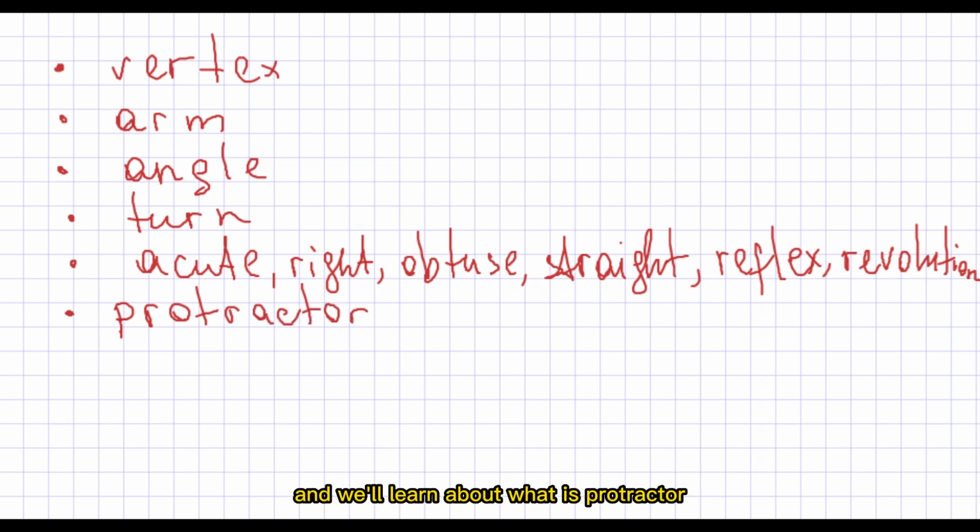And we'll learn about what is protractor, and as I mentioned before, how to use protractor. We will learn about it in our next lesson. And also we will learn about types of angles.